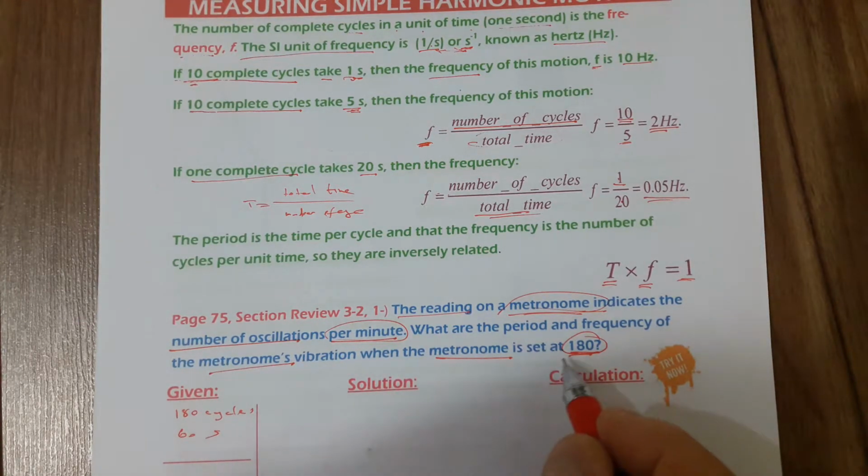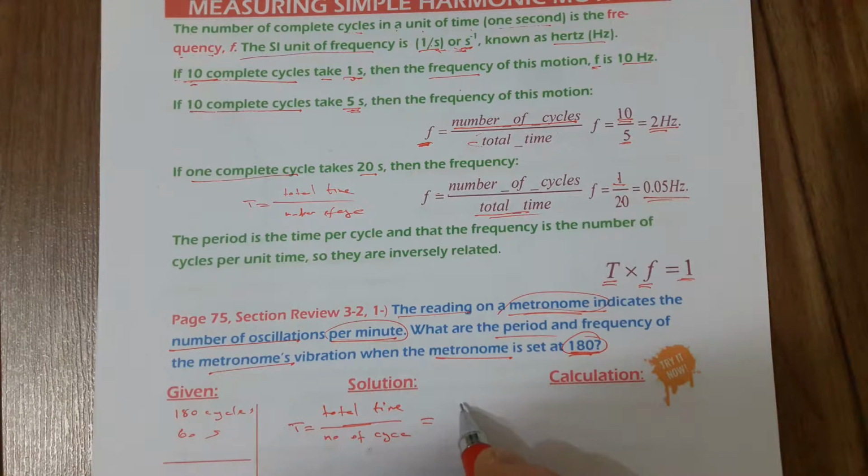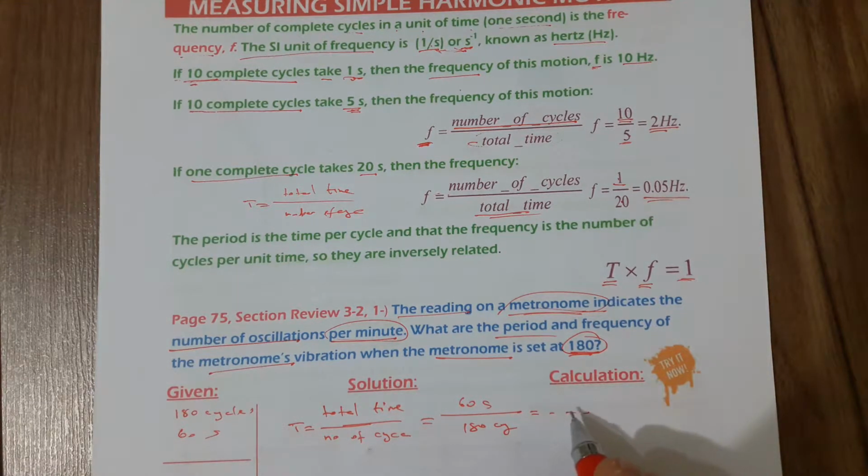Period is equal to total time divided by number of cycles. Total time is 60 seconds, number of cycles 180. So the period of the vibration is 1/3 seconds.